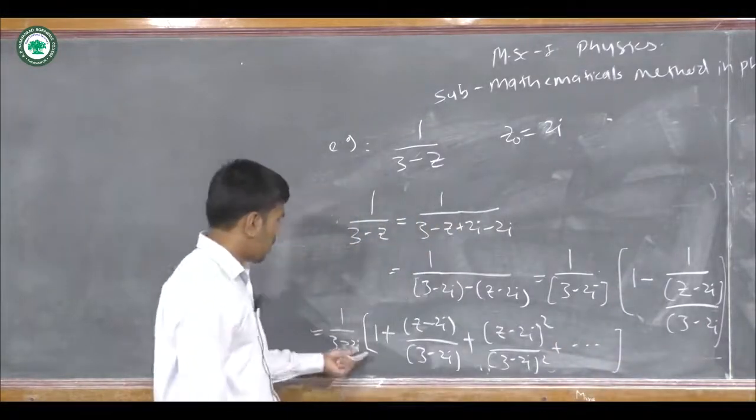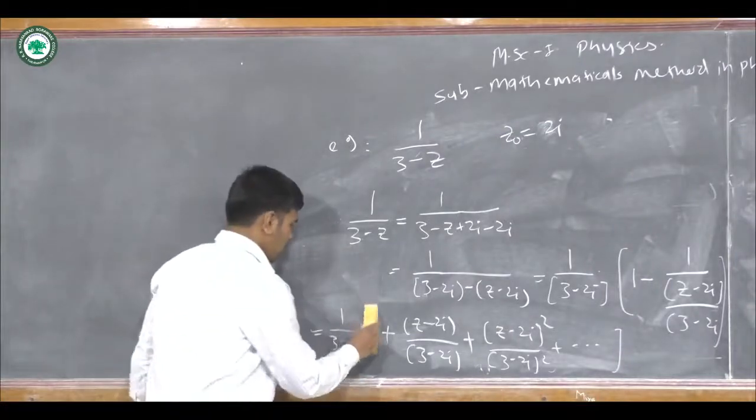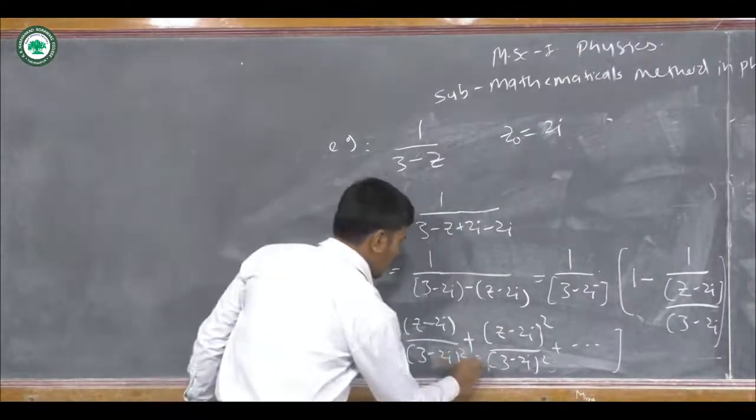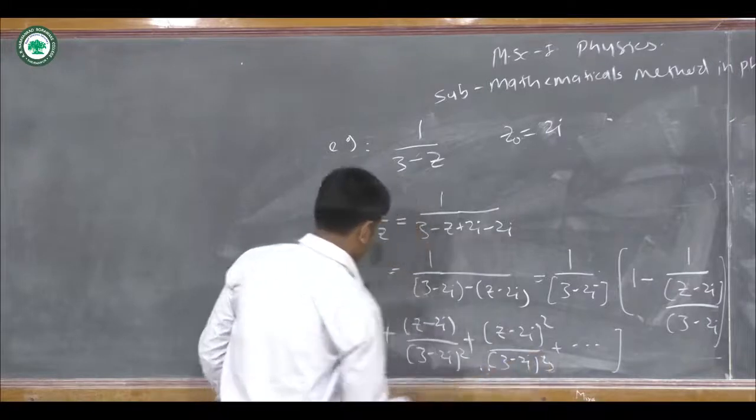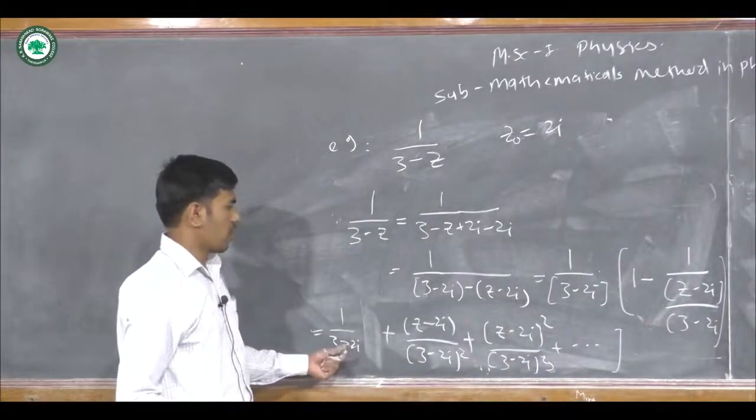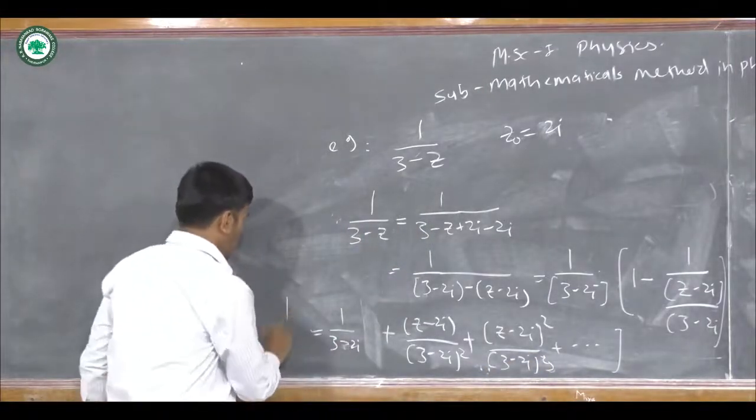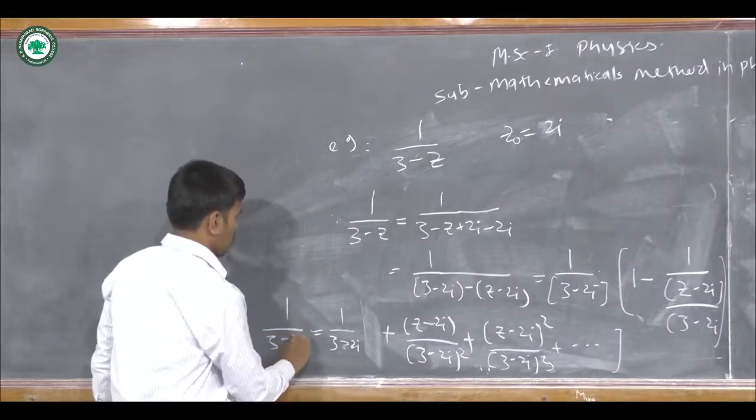If I multiply these things, this becomes 1 by 3 minus z.